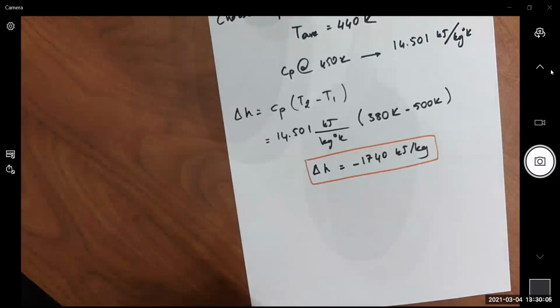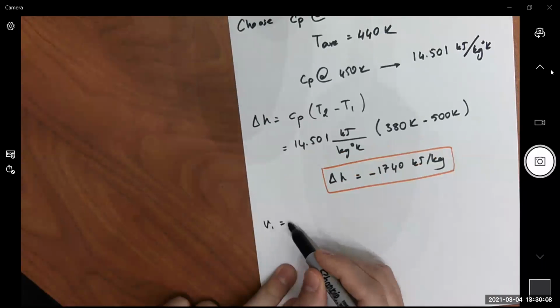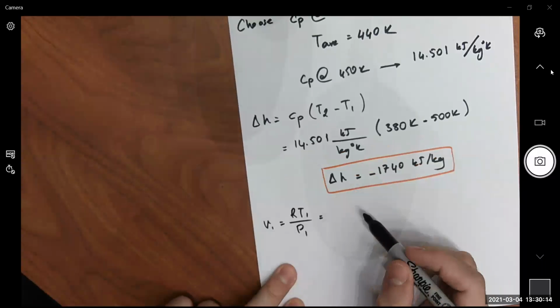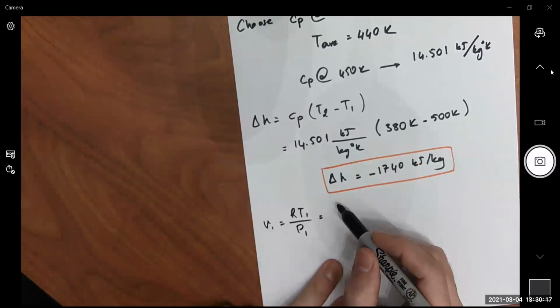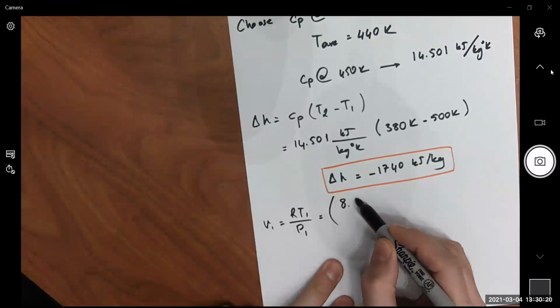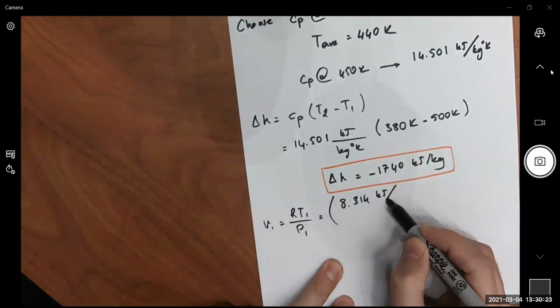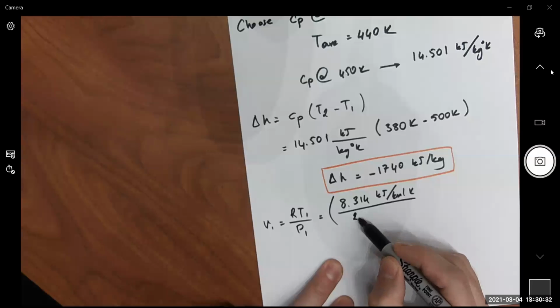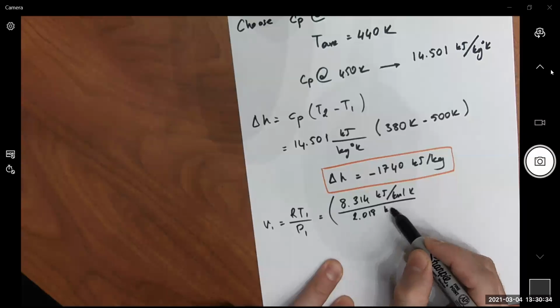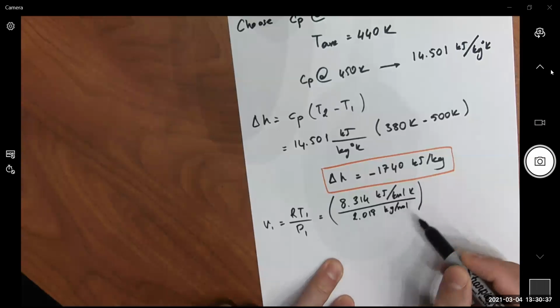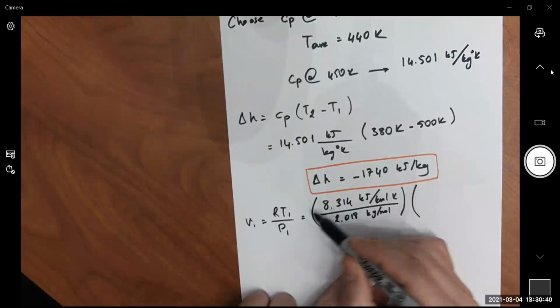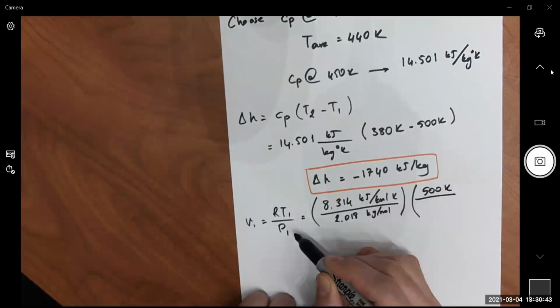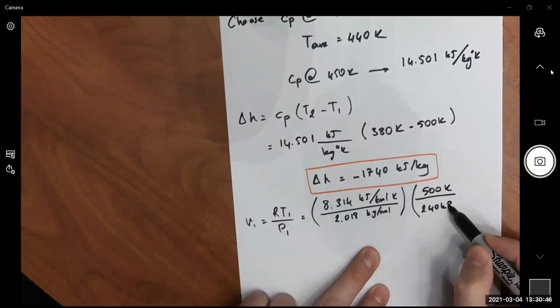The specific volume at the inlet is R T1 over P1, or 8.314 kilojoules per kilomole Kelvin divided by the molecular weight of hydrogen, 2.018 kilograms per kilomole, times the temperature, 500 Kelvin, over the pressure at the inlet, 240 kilopascal.